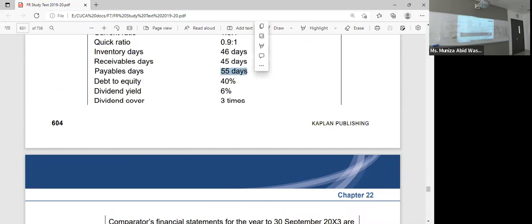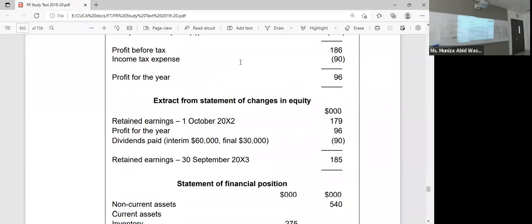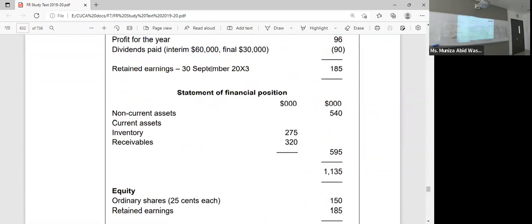The industrial average is 55. It means that the organization is taking more time to repay its payables as well. Now in this scenario, it can be a major area of concern. The organization is taking more time to pay back its payables since it is not having any cash. The organization is out of cash. That is why it is facing problems paying back its payables.